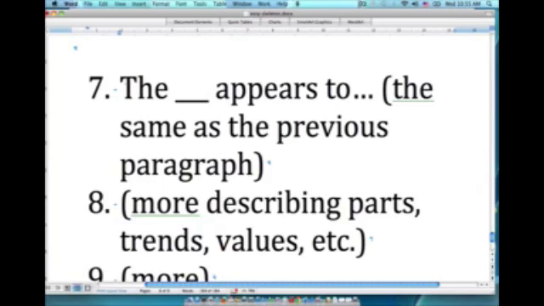So some ways that we could start this sentence are similar to the ways that we could have started the sentence in the first paragraph describing the diagram. So we have the "appears to," and I've just put here the same as the previous paragraph, the sentence structures are the same.